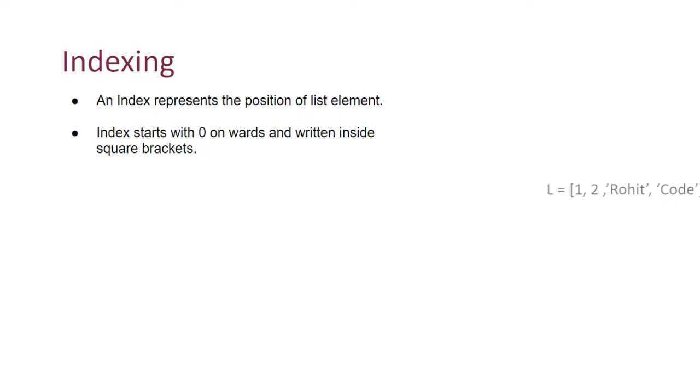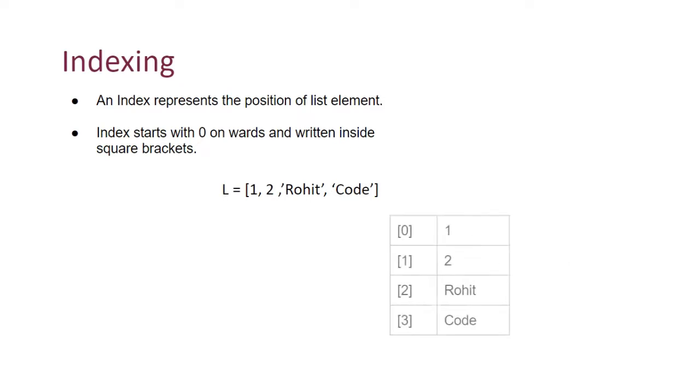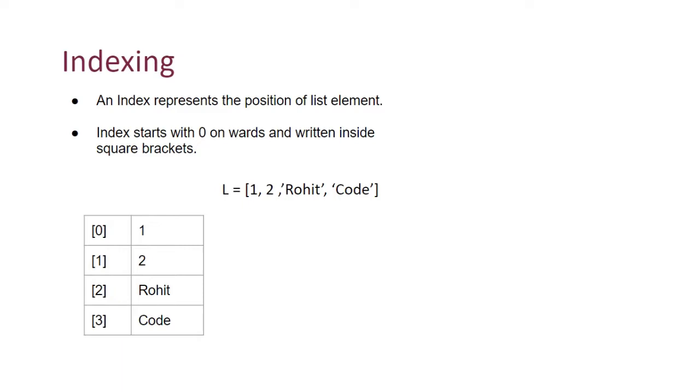For example, L equals to, in square brackets, 1, 2, Rohit and code. Here we will provide indexing to this list. As you can see, the indexing is done in the same way. The first element is marked as 0th position, the second element is marked as first position, and the third element, Rohit, is marked at second position, and so on till the end of the list.